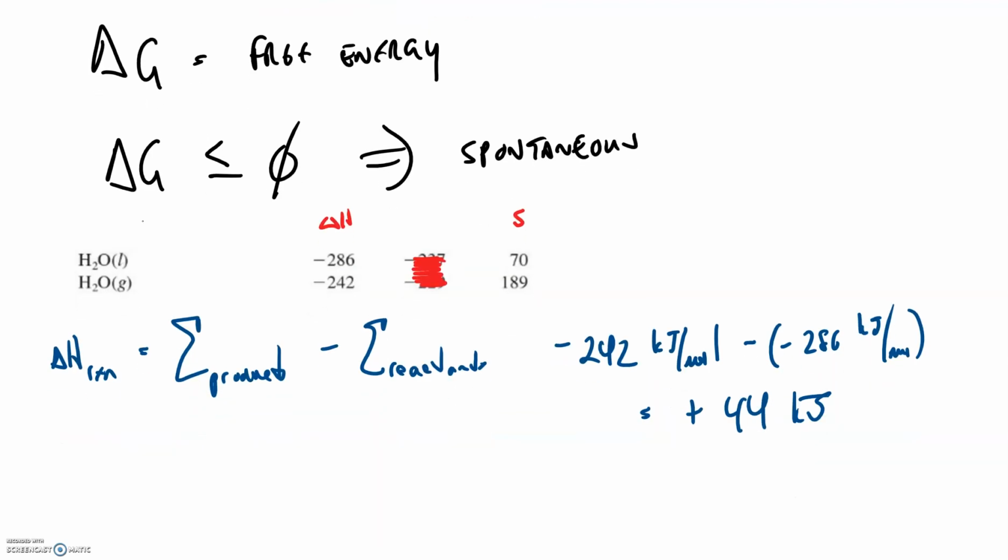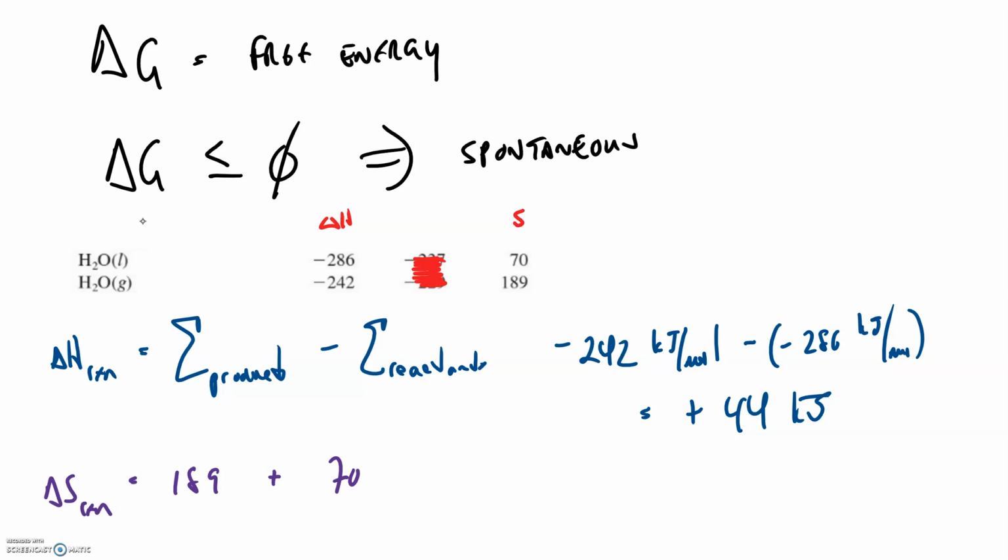Let's do the same thing for delta S of the reaction. We'll use the same equation, and we'll say that delta S is positive 189 for gas and positive 70 for the liquid.